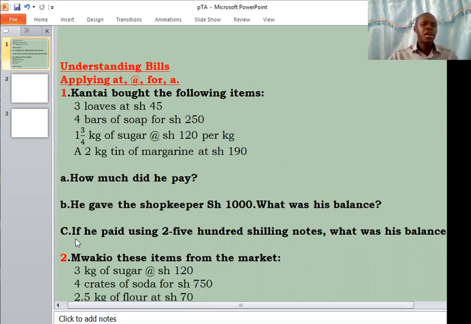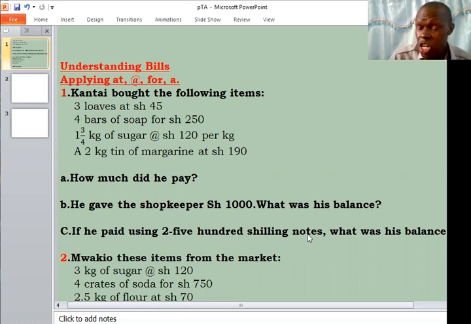C. If he paid using 2 500 shilling notes, what was his balance? Lana, there is no difference between C and B, because in C we have 2 500 shilling notes.